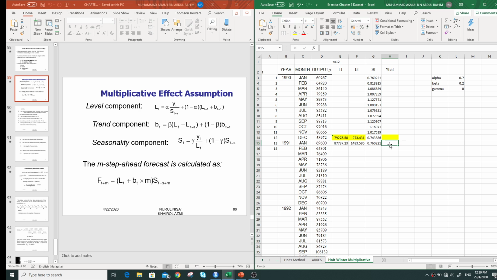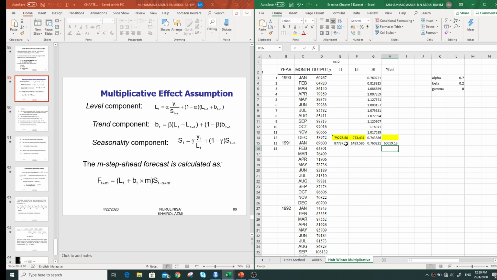Then for Y hat, we use this formula, but instead of F we use Y hat. Y hat 13 equals L12 plus B12 times 1, times S for 13 minus 12 plus m, which is actually S1. So how do we put it here? Lt plus Bt times 1, since we use one step ahead for the estimated period, times St minus s plus m, which is S1.